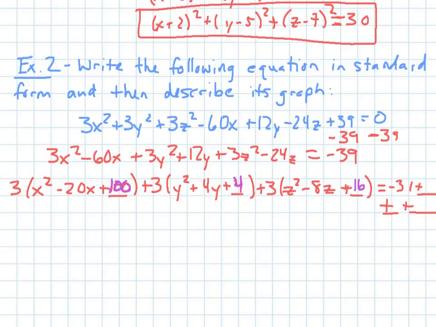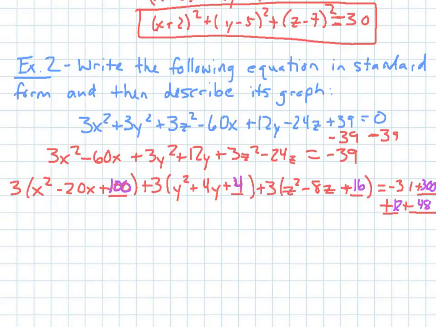Before you move it to the other side, you have to multiply by the 3, because if you distribute the 3 through, 100 would be 300. If you just put 100, you wouldn't be making both sides of your equation balanced. So 4 times 3 gets you 12, and 16 times 3 gets you 48.